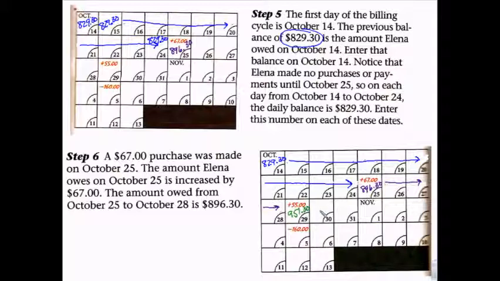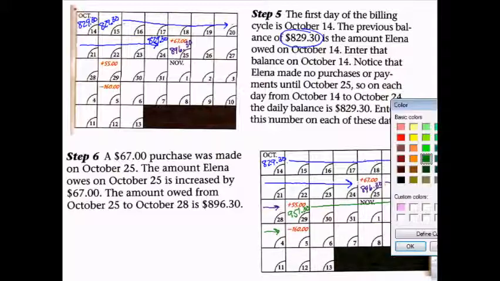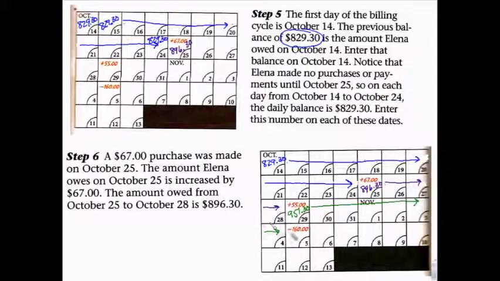And we're $951.30 all the way to here, and then we subtract 160 because we paid. It becomes $791.30. And then she's $791.30 until the end of the billing cycle.